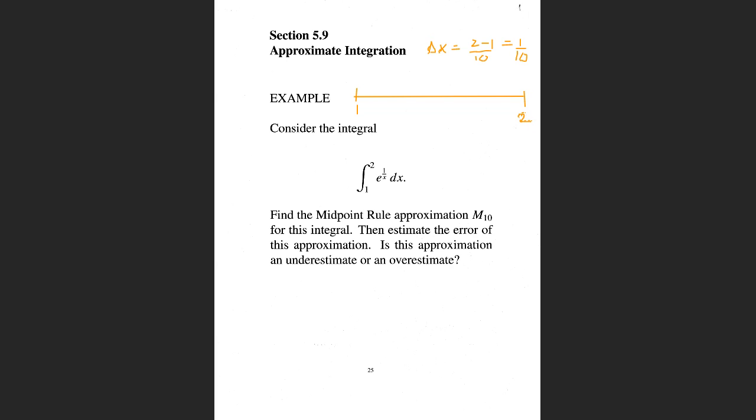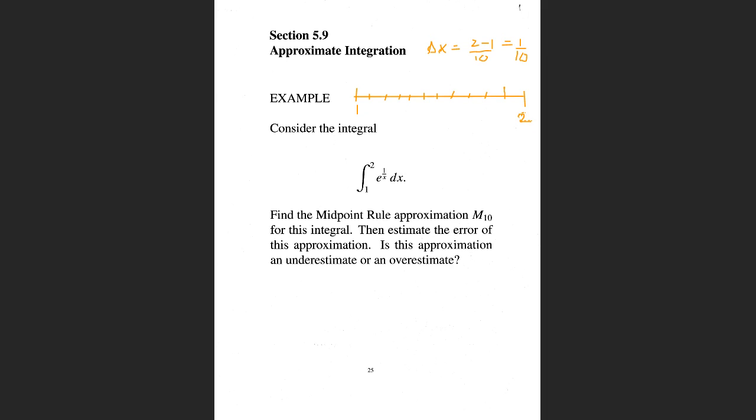So in the formula, we have to pick values. How many subintervals are there? There are 10, right? So 1, 2, 3, 4, 5, 6, 7, 8, 9, 10.